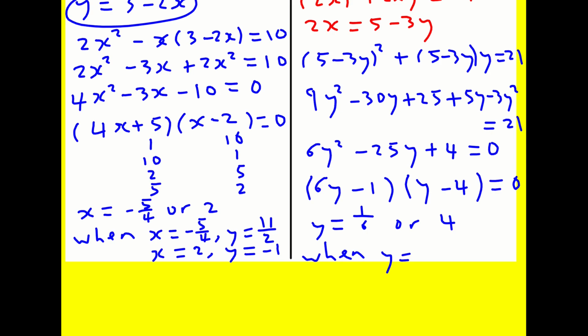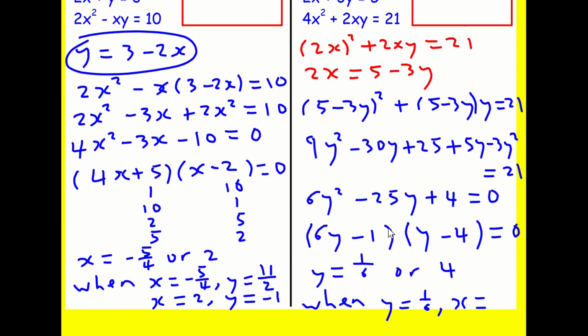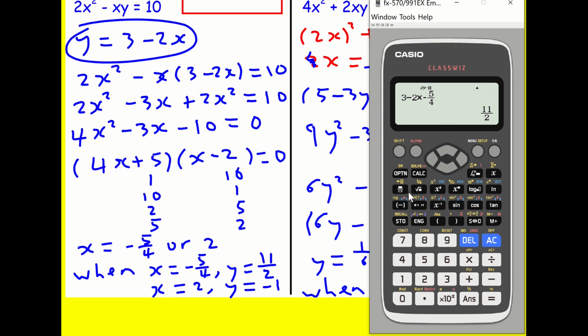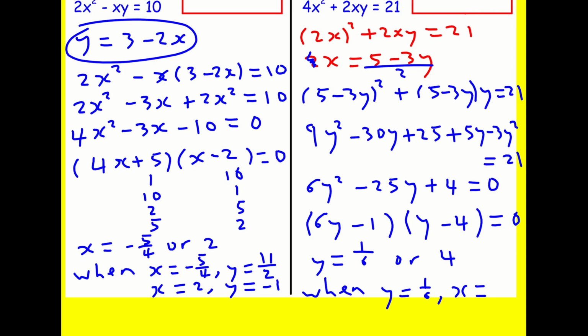When y equals 1/6, x is going to equal, and then what do I substitute back into? Well, I'm going to have to rearrange this and divide by 2. So it's going to be 5 minus 3y over 2. So this is just more technical, more chances of making mistakes, but it is the same process. 9 over 4.